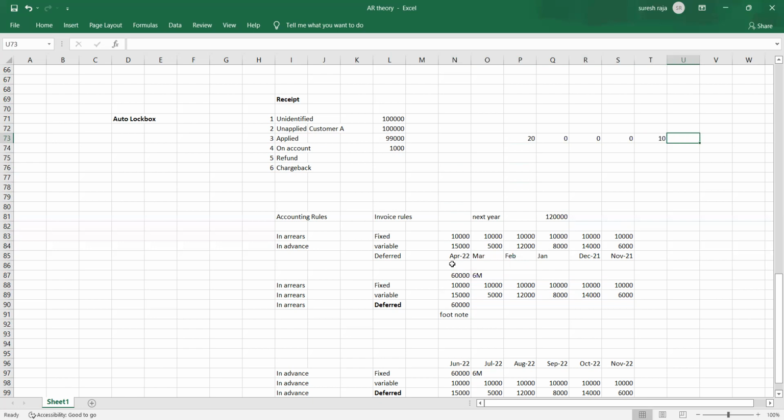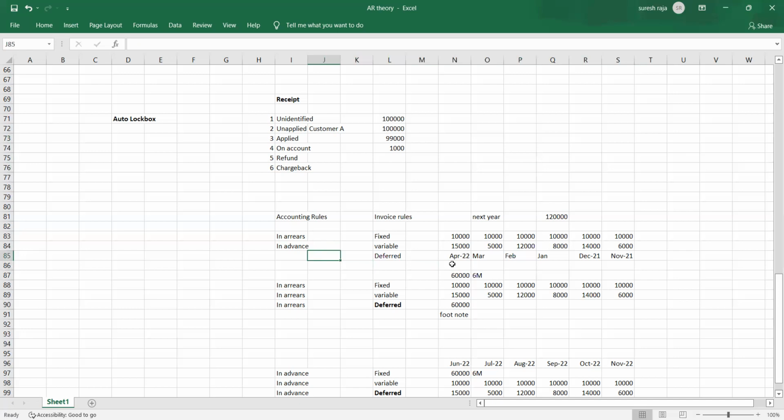So what variable is telling is, for the 1 year, how many hours you worked or how many days you worked. So wherever you work, split the amount and mark it as income. Understand? Okay. So that is called in accounting rule: in advance, invoice rule, variable.